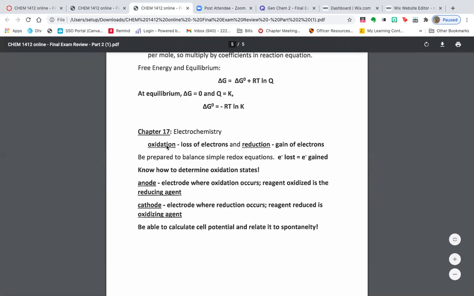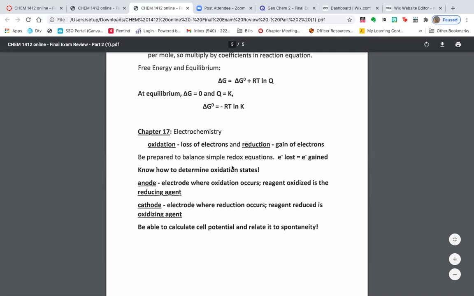Remember, losing electrons is oxidation, gaining electrons is reduction. Be prepared to balance simple redox equations. So she's telling you it's going to be on there. The amount of electrons you lose has to equal the amount of electrons you gain. Remember that for when you're balancing.